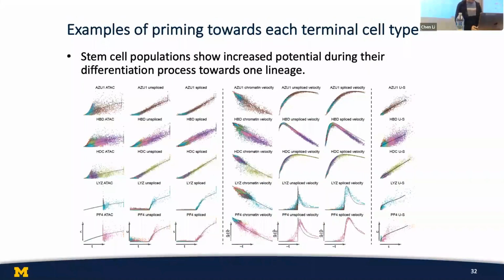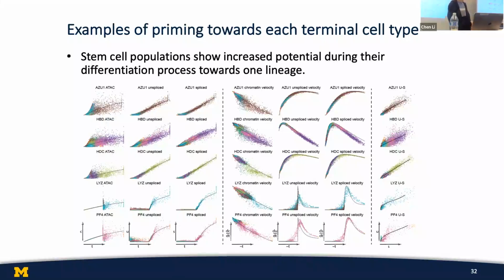In this data set, we saw five very clear priming genes towards each of the terminal cell types. On the left, I'm plotting the dynamic plot for the three modalities for the five genes.